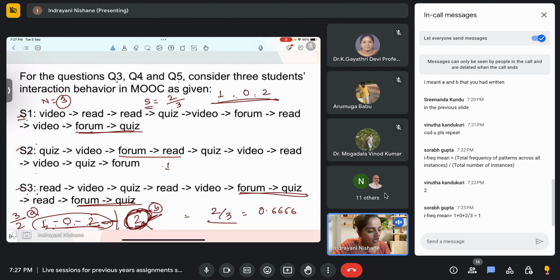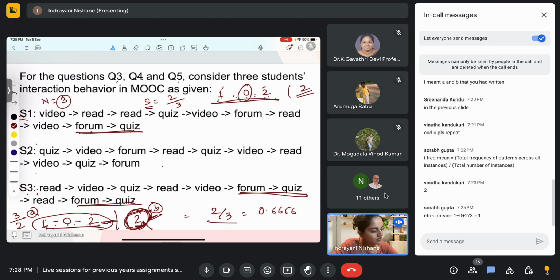And for how many students is this occurring at least once? 1 and 2. So for 2 students this is observed only once. For S2, the transition from forum to quiz is not at all observed. Forum to read is absent there. So just 2 students have that particular transition or sequence.